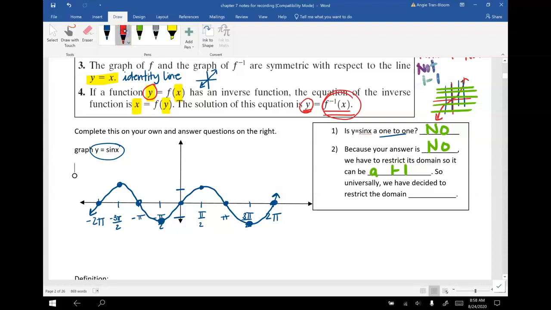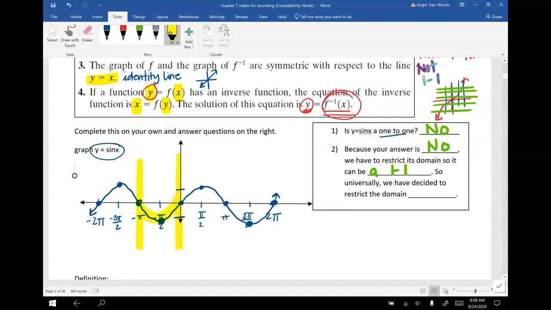Technically, we can restrict it any way we want, right? We can say, okay, from here to here, that looks pretty good, don't you think? Or that, because that's one-to-one. So this piece will be one-to-one right here. Well, another option, now I'm going to ask you this: can I restrict it from here to here?